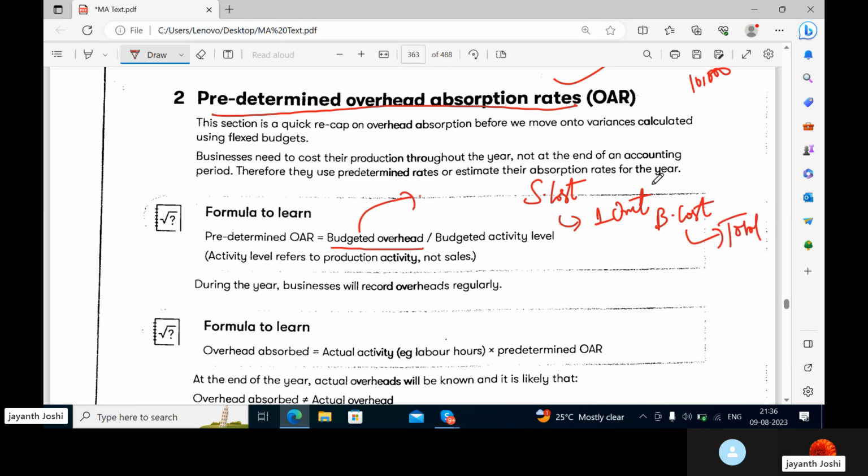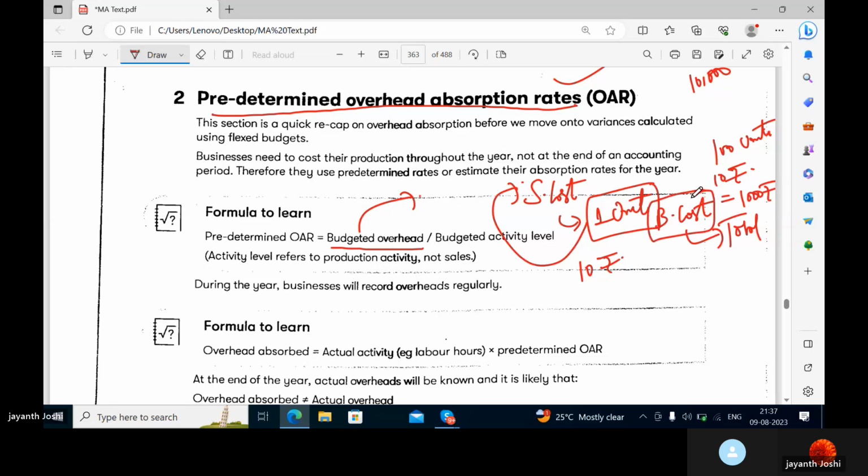That means if I'm making 1 unit, the cost which I'm incurring may be called standard cost. If I'm making 100 units, and the cost I'm incurring for making 1 unit of the product is, let's say, 10 rupees, that means my standard cost is 10 rupees. So for 100 units, how much am I incurring? 1,000 rupees, right? That is called budgeted cost.